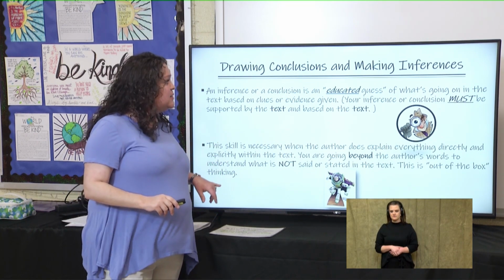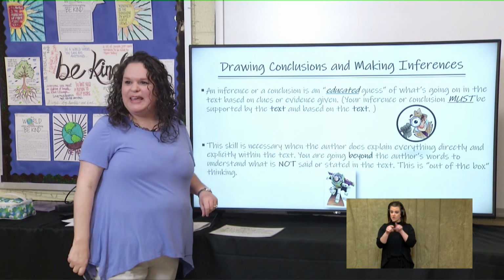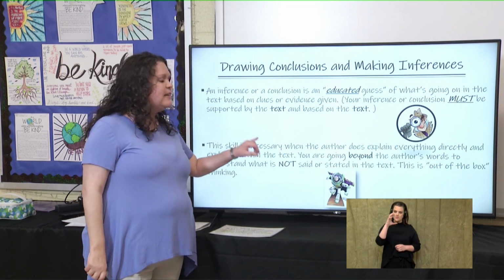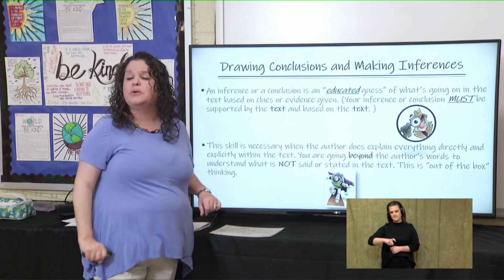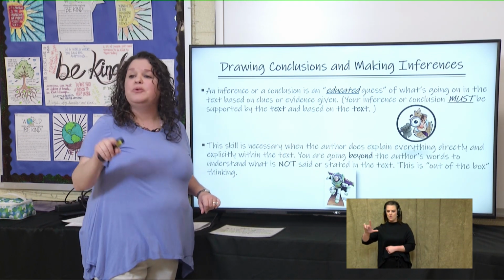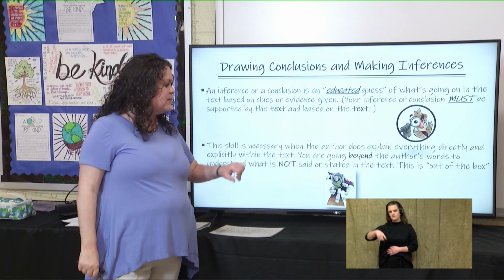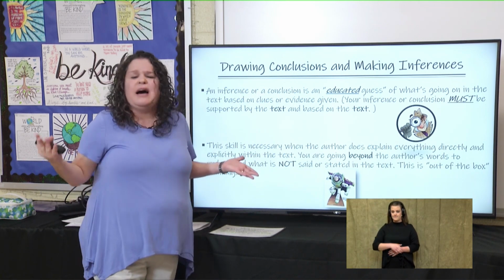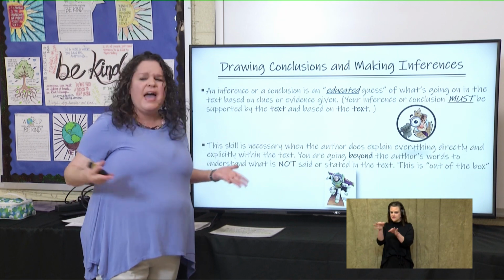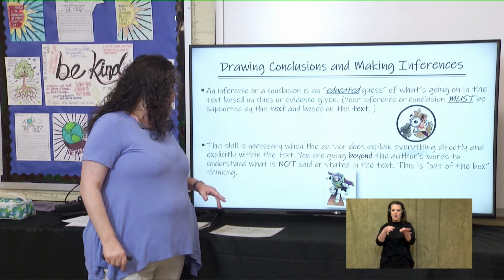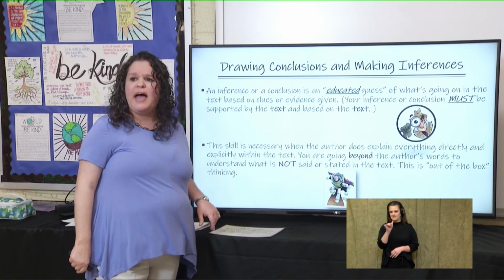Also, this skill, drawing conclusions and making inferences, is necessary. Again, it's a critical skill, boys and girls, that you will need for the rest of your life. This skill is necessary when the author does not explain everything directly and explicitly within the text.